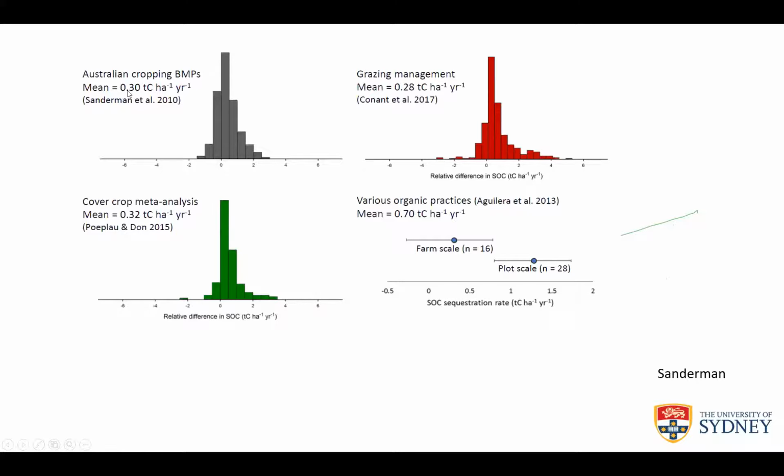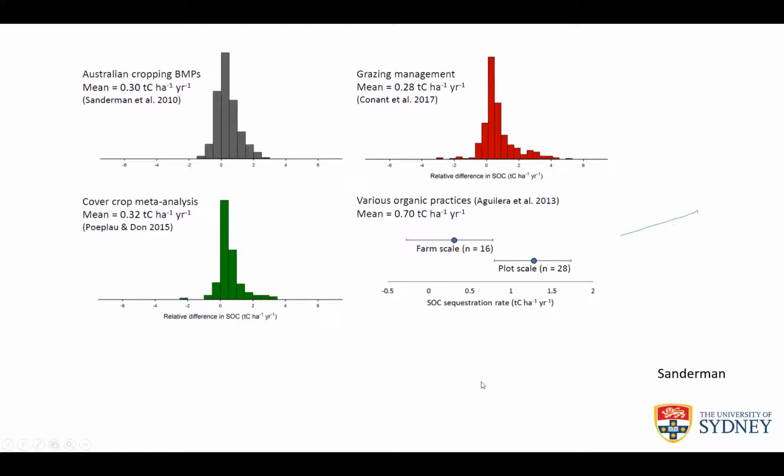If you convert it into grazing, that means you convert it to pasture, you probably can get around 0.3 as well. If you put more cover crop, you also increase 0.3 a year, right? So there are various practices. The mean can be around 0.7 to 1.5, depending on what the practice is.